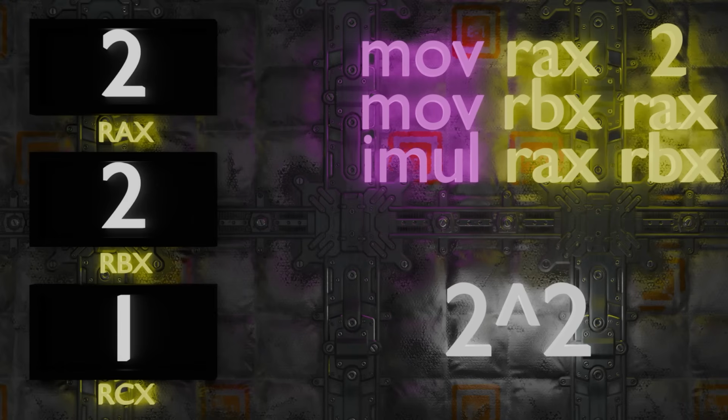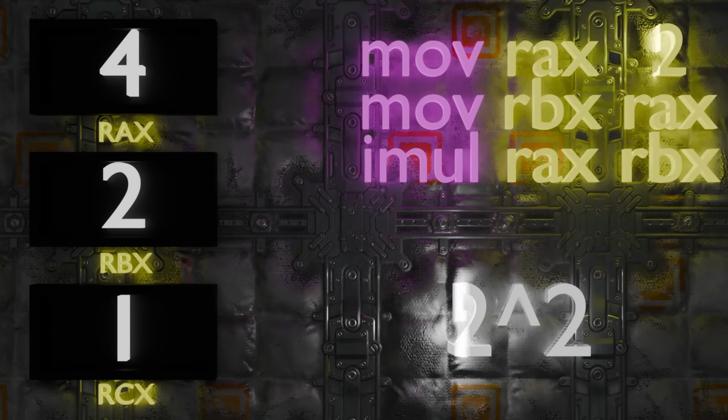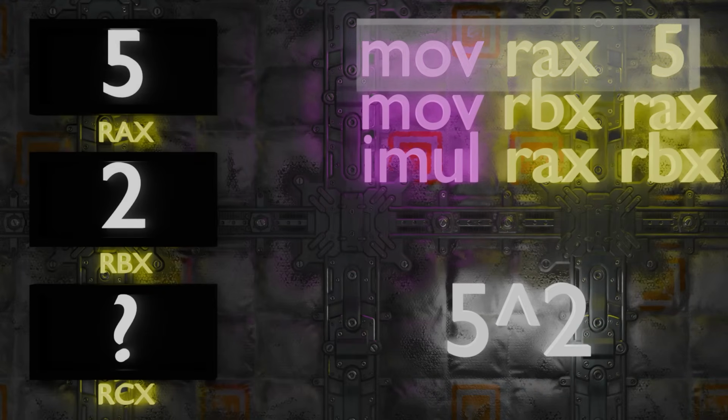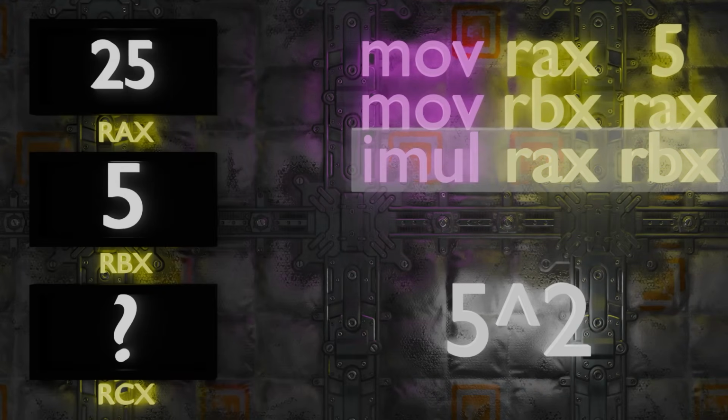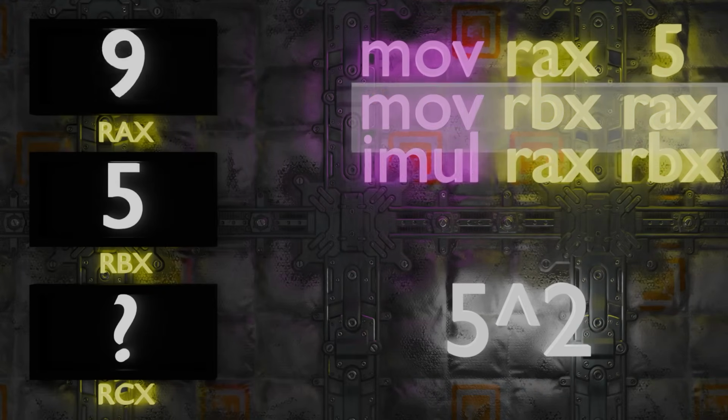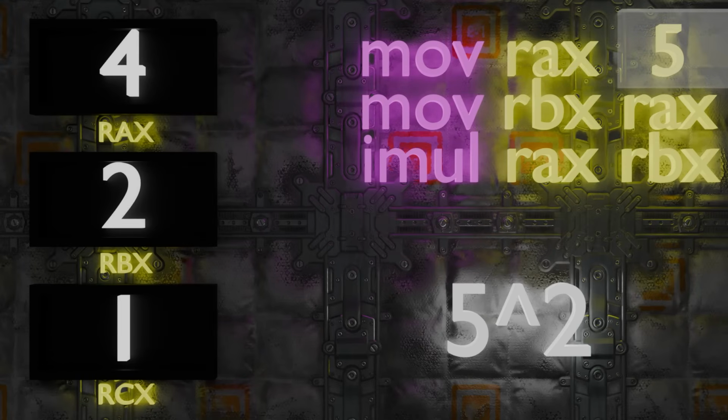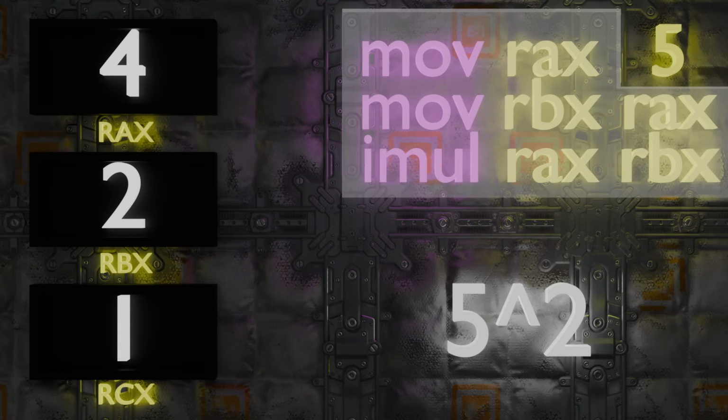It has 4 letters because we don't need everything to be 3 letters long, and then the result of that multiplication will just be stored back into RAX. That's us squaring a 2. If we started with a 5, however, and then run the entire code, then we would end up with 25. So this is our number that we want to square, and this is the operation of squaring it.